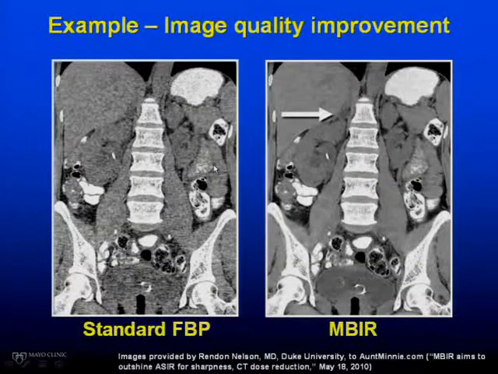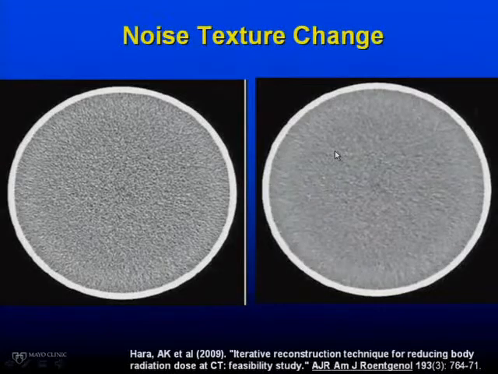Iterative reconstruction has great potential to improve the image quality, as shown in this example. However, it is not without concern. These images are from Dr. Amy Hara's original paper in AJR about the ASiR reconstruction.